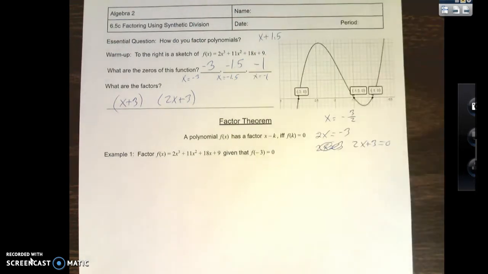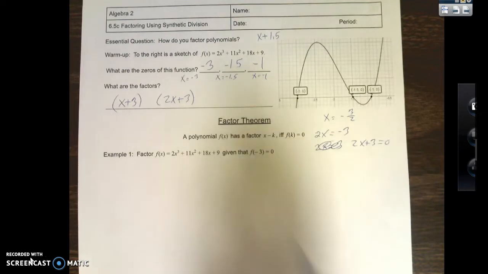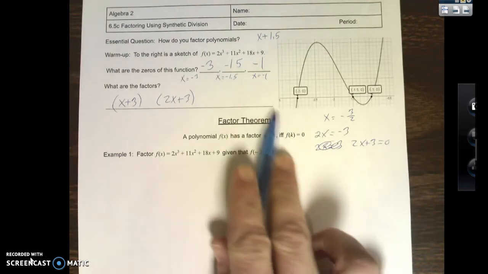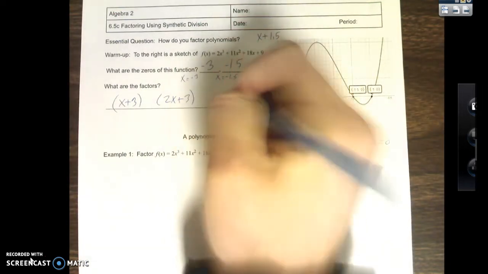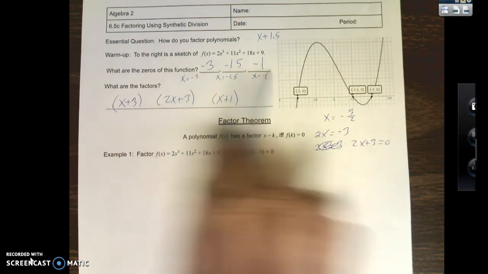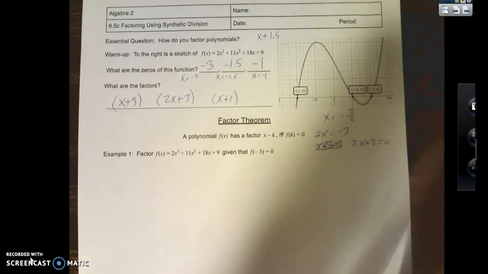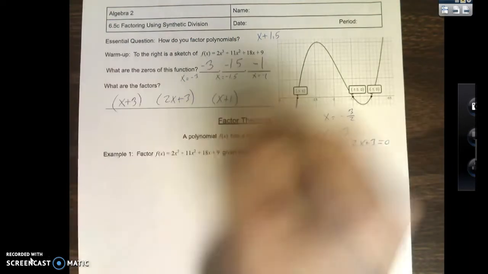You don't want decimals and you don't want fractions in your binomial, so get in that habit early on. You guys are good enough that you can rewrite 1.5 as a fraction. And lastly, when I have x equals -1, if I add the 1 over, I'm going to get x plus 1. Okay? So this is going to be the hardest thing for today. These are your zeros: x equals -3, x equals -1.5 or -3 halves, and x equals -1.